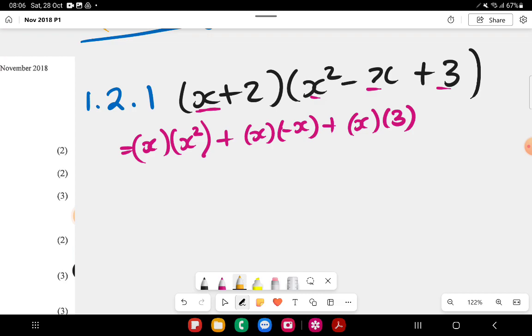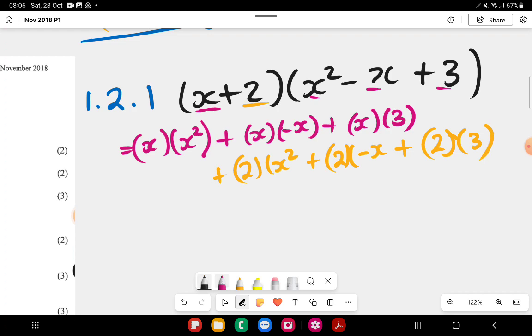Now I'm going to do the second one, the 2x, and I'm going to say plus 2 times x squared plus 2 times negative x plus 2 times 3.